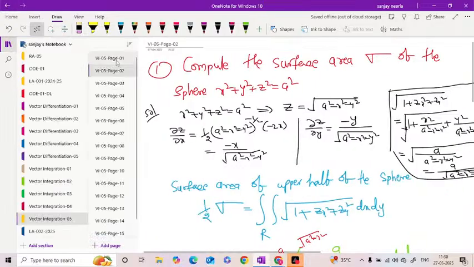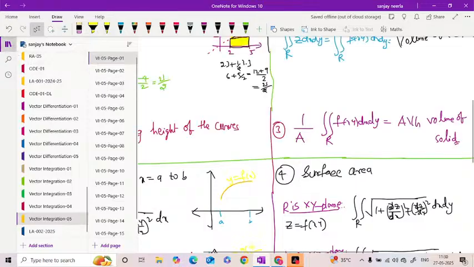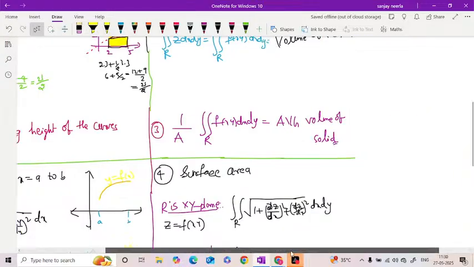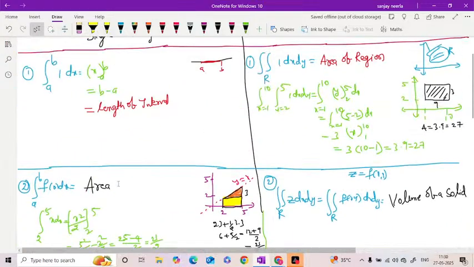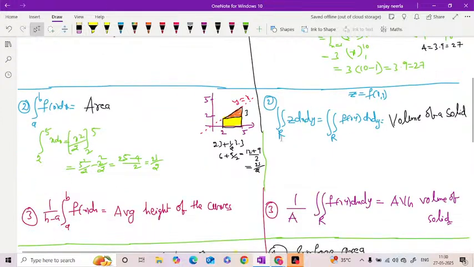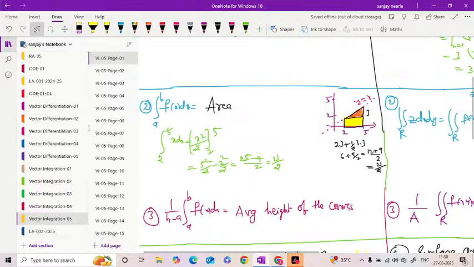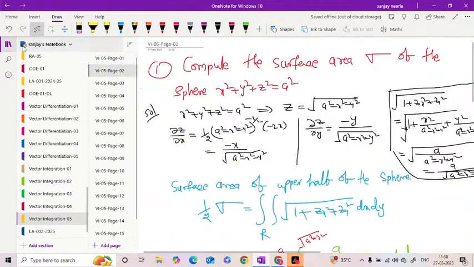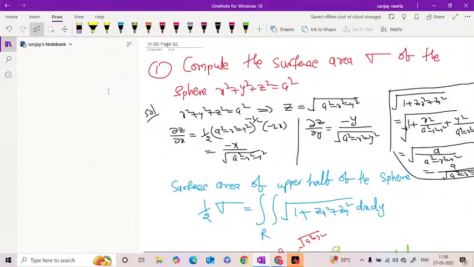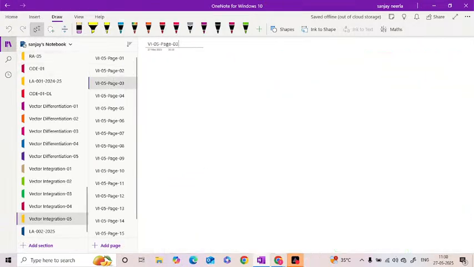Observe in the previous, in the second property, double integral z dx dy gives the volume. Now here I am giving the homework question, just to find the volume of the sphere. Already we know the volume of the sphere.